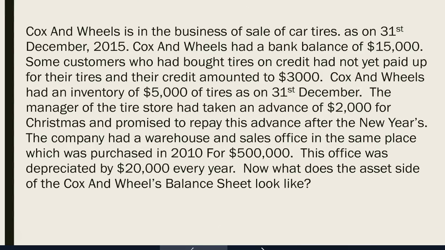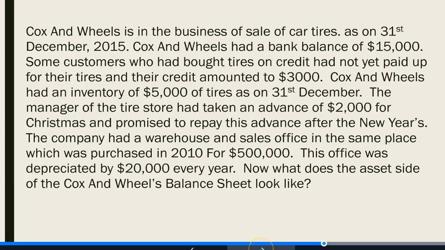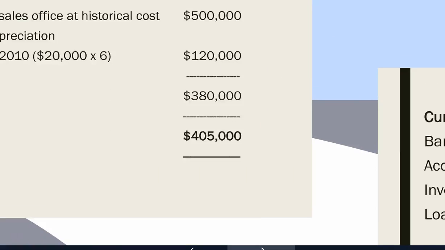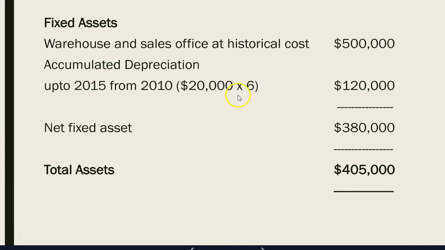Then you can see that the company had purchased a warehouse and sales office for $500,000 in 2010, and the company has been depreciating this asset every year for $20,000. And we are preparing the balance sheet, asset side of the balance sheet as of 31st December 2015. So from 2010 to 2015, the asset has been used for 6 years.